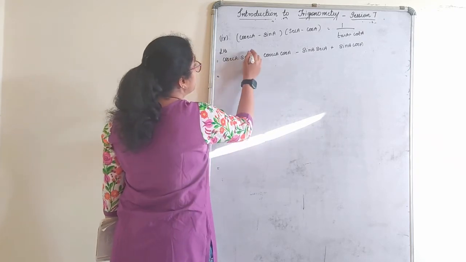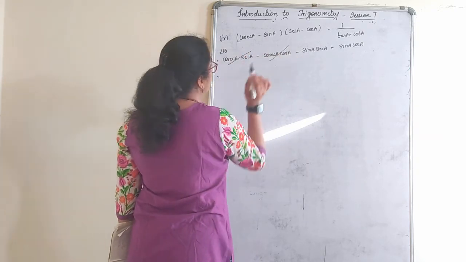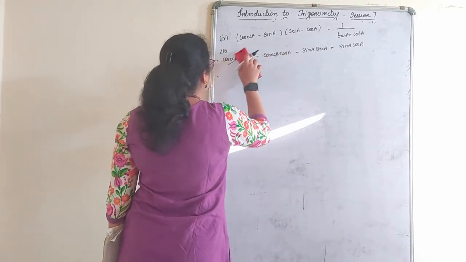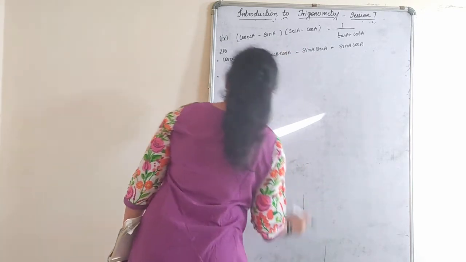Cancel it off immediately, cosec A minus sec A and cosec A. Oh, sorry, you cannot do it because sec and cosec are different here.